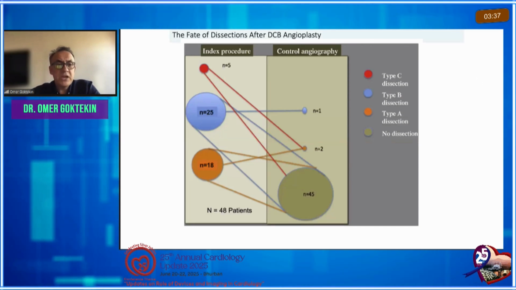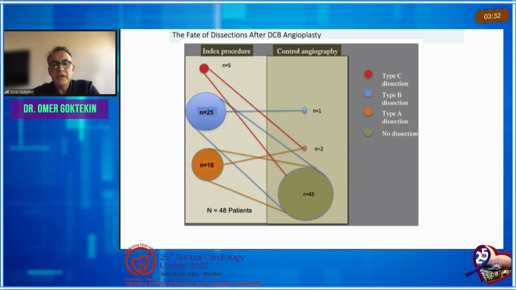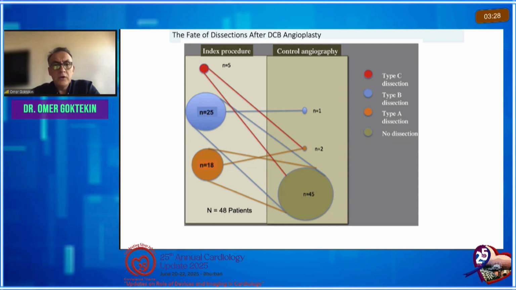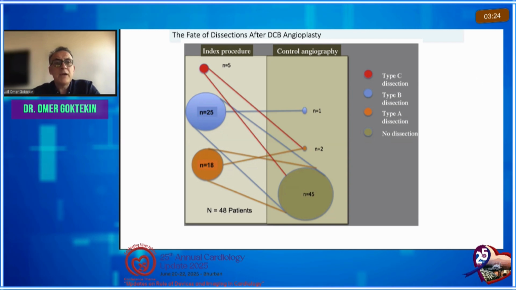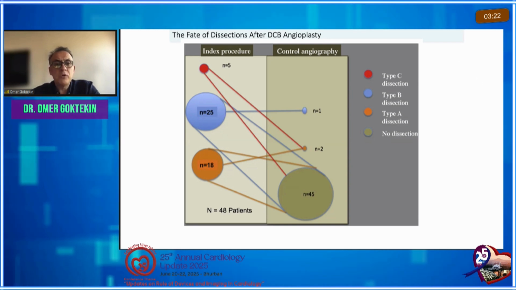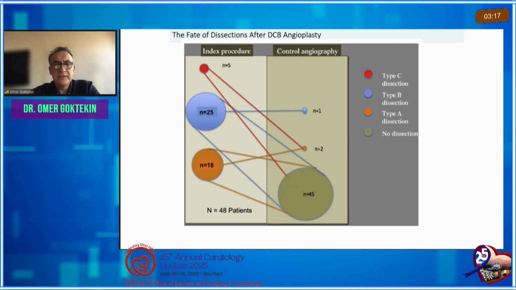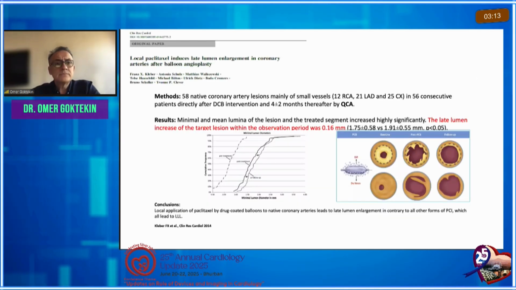Out of 48 patients, 45 of them healed nicely. There is no dissection at follow-up. Only 3 of them remain. Even of the 5 type C dissections, 3 also healed with no dissection. Two of them stayed as type A dissection.